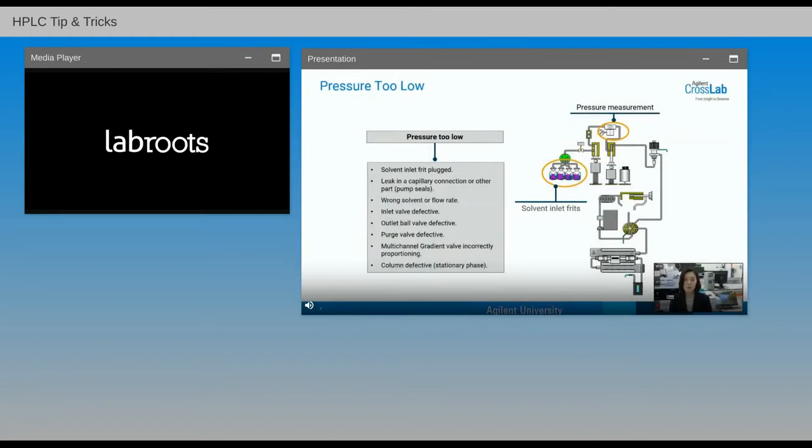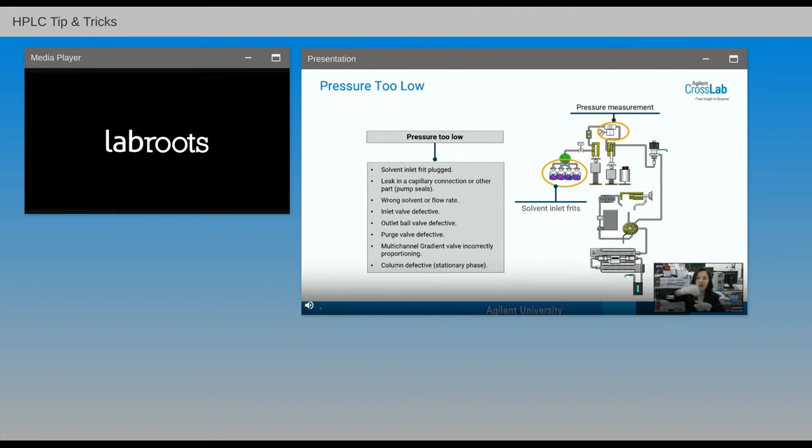Next, we will look into pressure too low. For pressure too low, it is commonly due to the solvent inlet feed being choked. Inside the solvent bottle, there is a solvent inlet feed. When this solvent inlet feed is covered maybe with algae or salt or any contaminants, the solvent being drawn through the tubing here may no longer be accurate, or may have bubbles, or may not be able to draw any solvent at all.